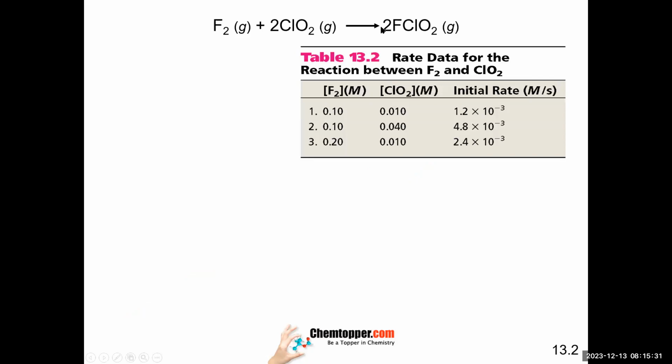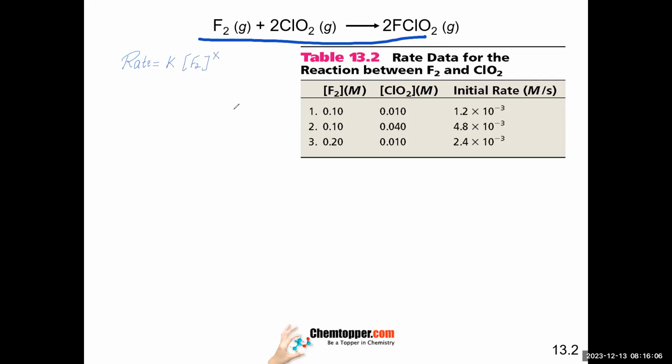You can see this table. You can see the reaction. Now, please all of you follow me. First, you assume the rate law. What is the rate law for this reaction? Every time a reaction is given, the first step is to write down the rate law. Rate equals k, the rate constant, times concentration of F2 raised to power x.